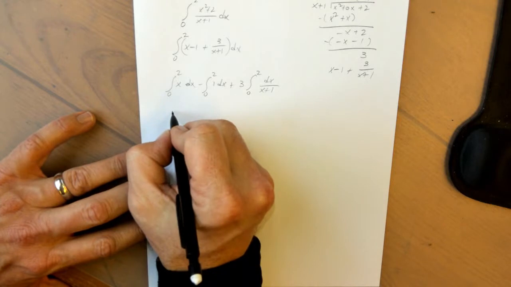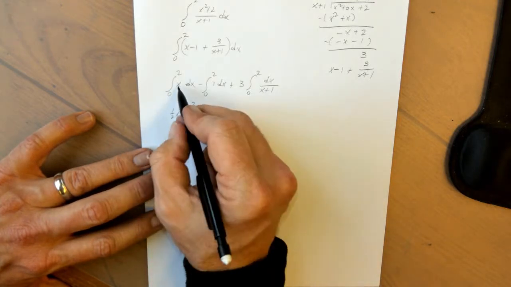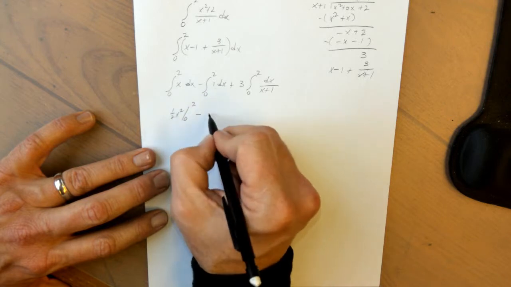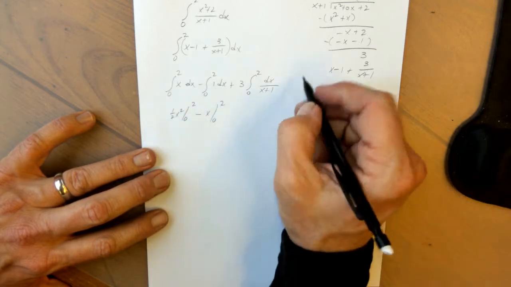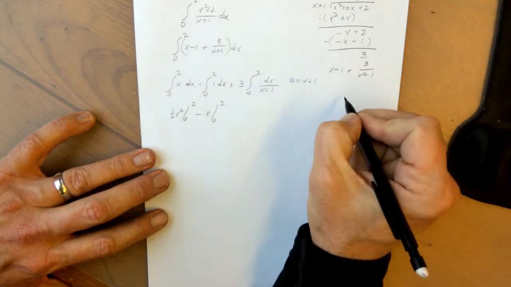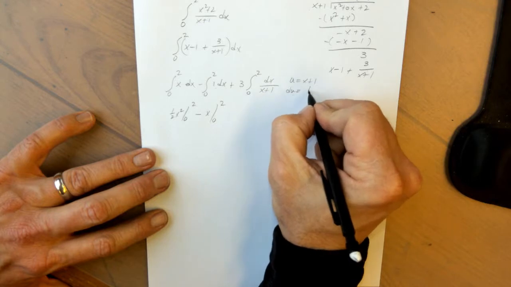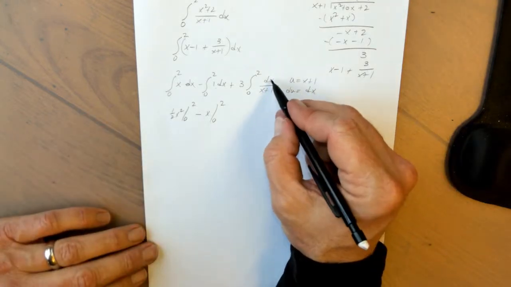So here we end up with 1/2 x squared from 0 to 2 using our power rule, minus here x from 0 to 2. And then here we're going to do a u substitution where u is x plus 1, du is dx. So we end up with a 1 over u du.